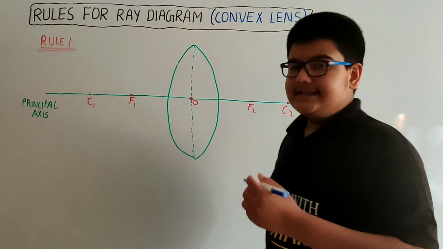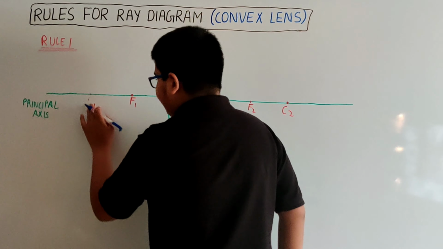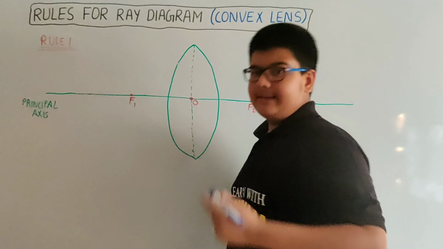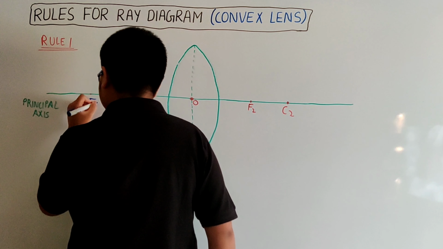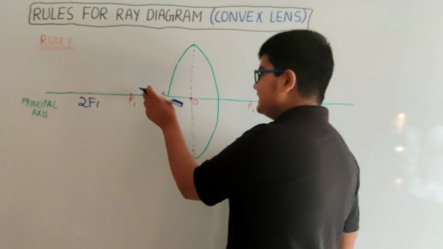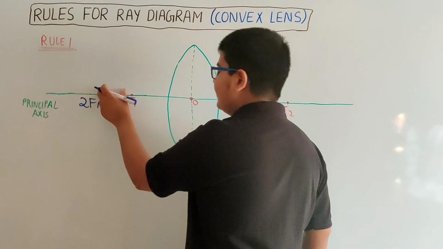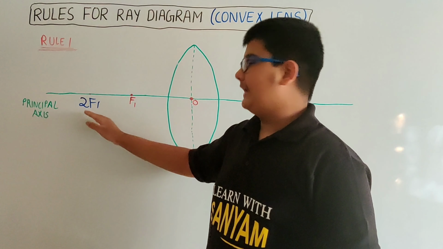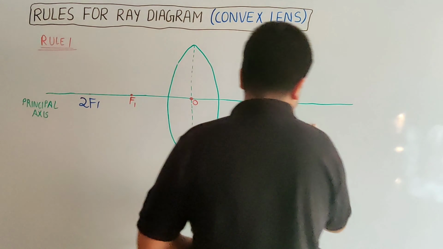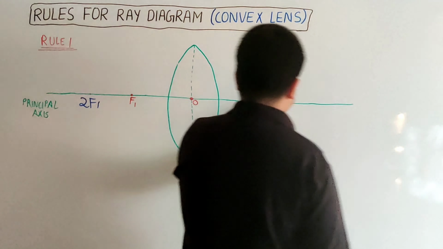So now we can say that this center point will be nothing but 2F1. This is because the distance from here to here and the distance from here to here is the same. So we can write this central point as 2F1. Similarly, C2 can be rewritten as 2F2.